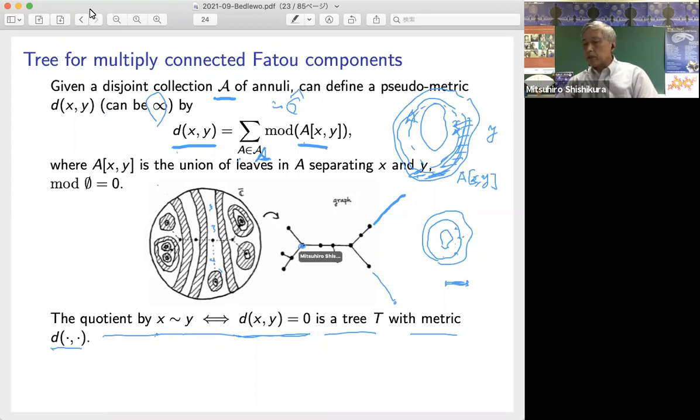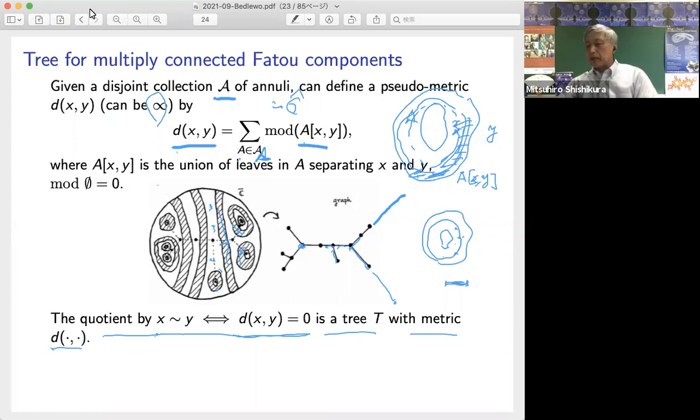And this picture is with a finite number of annuli, but you can see that this annulus gives you a segment here. This gives you a segment here and so on. And if you have an annulus, this and that, this gives you a branching point because you have a segment here and a segment here and a segment here. And essentially, because of the Jordan curve theorem, what you get is a tree.